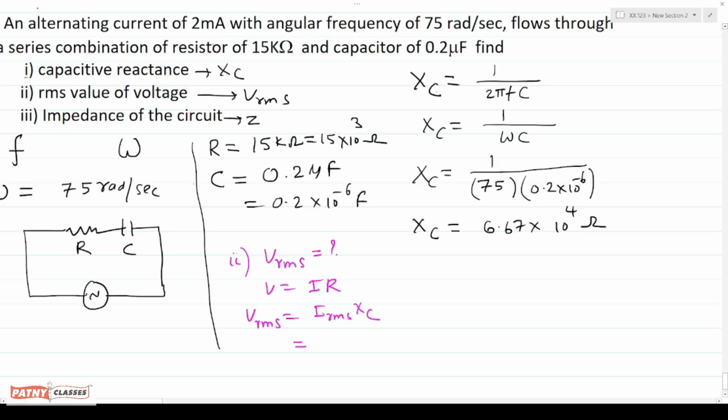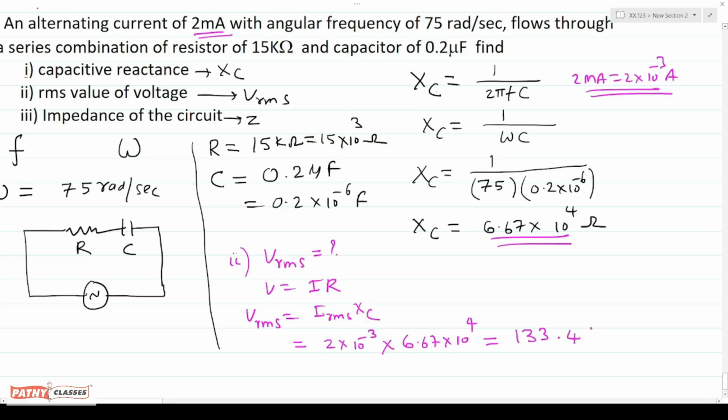IRMS value given as 2 milliamperes, that is 2 into 10 raised to minus 3 amperes, and XC value 6.67 into 10 raised to 4. On simplification, this becomes 133.4 volt.